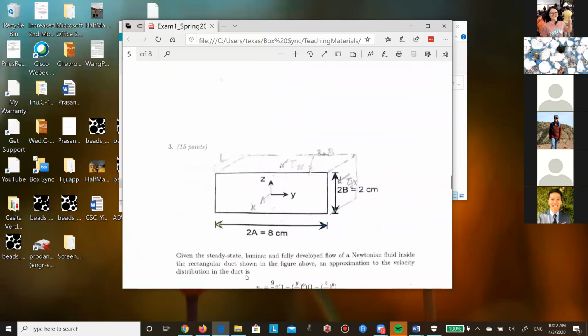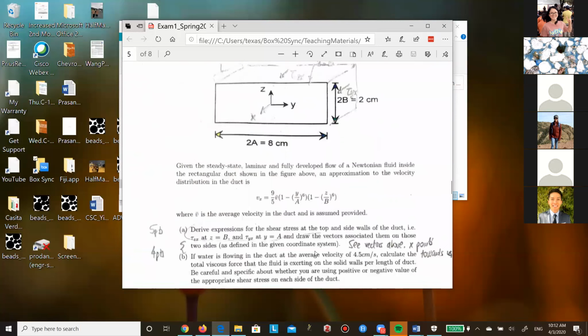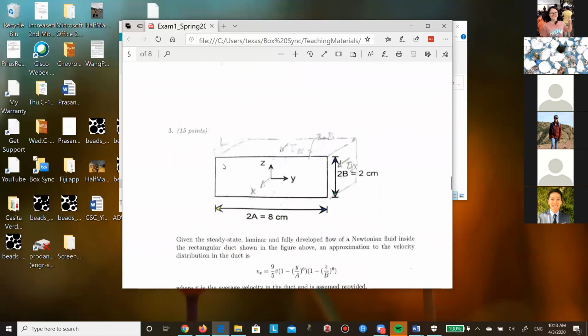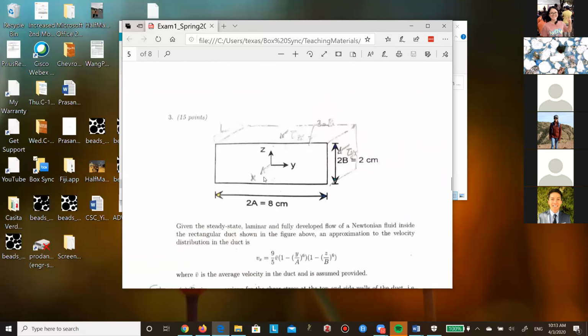The next one was basically, we were given a Newtonian fluid velocity distribution. I'm looking at the cross section YZ, and the flow is going inside a duct that we are looking at the cross section of.